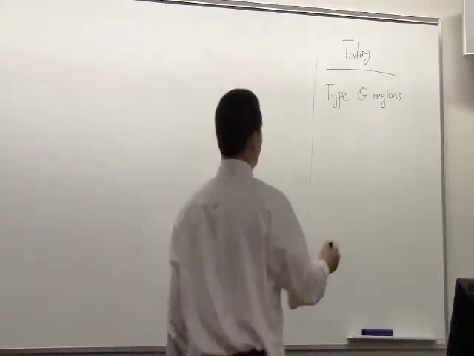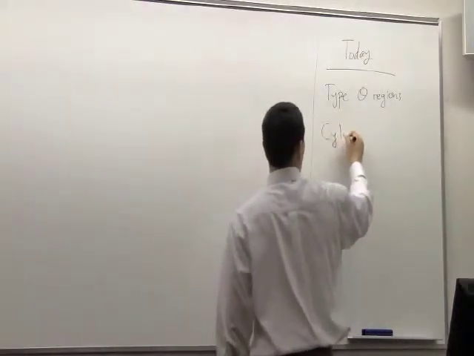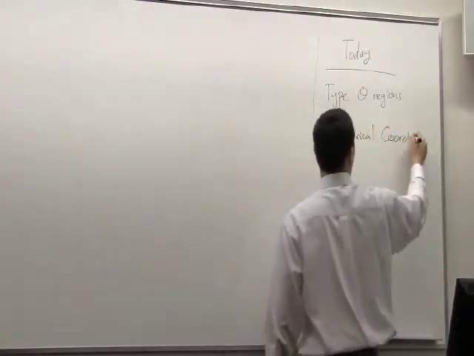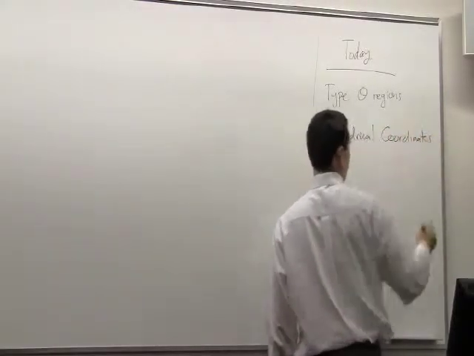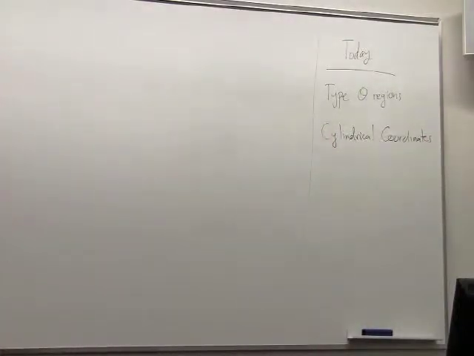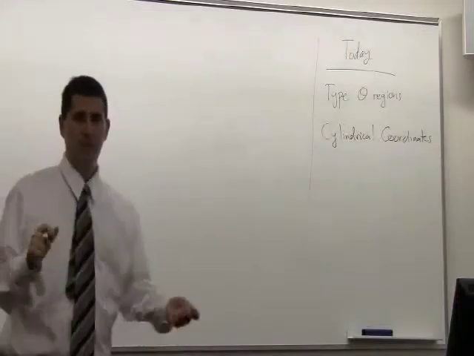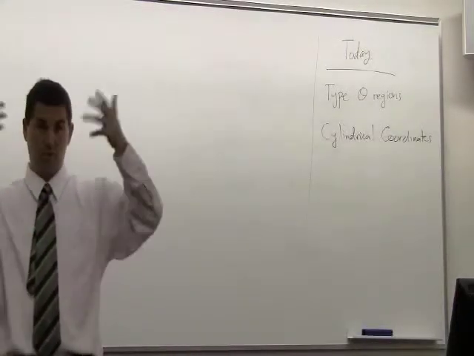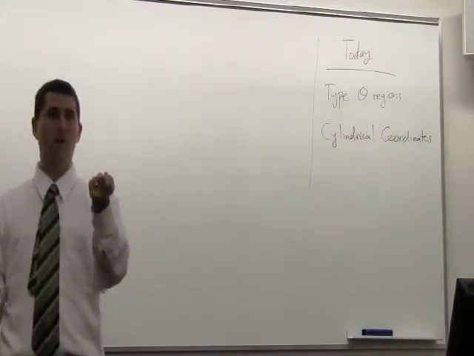Okay. And then we'll talk about cylindrical coordinates. So we'll remember what those are and then see how to translate problems into that. And that's going to be quite easy, because if you remember, cylindrical coordinates just look like polar coordinates, and then for three dimensions, you take the z and rewrite it as z.